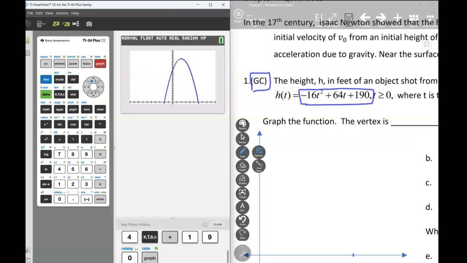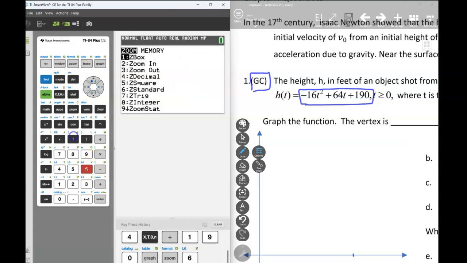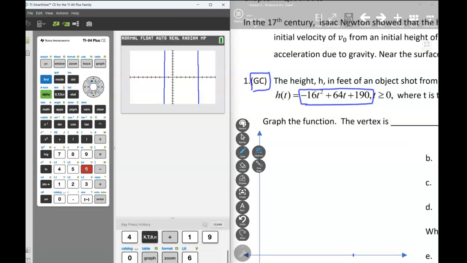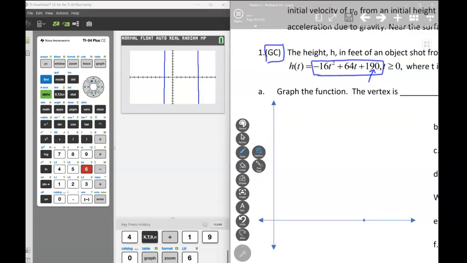Yours probably will not look like this. Some of you have the original table that looks like this, because somebody had your calculator last class. Here's the thing. This last number tells you where it starts on the y-axis. So after 0 seconds, how tall off the ground is this ball or whatever we're throwing?